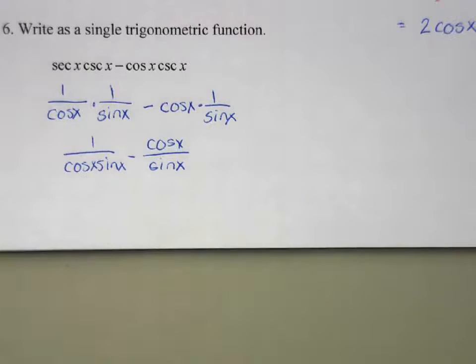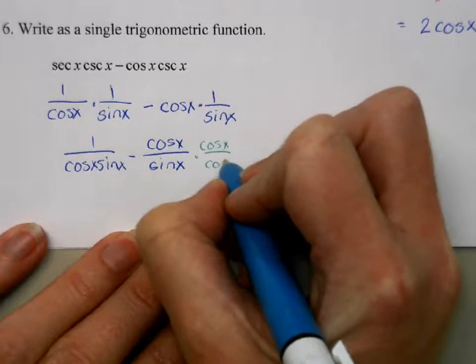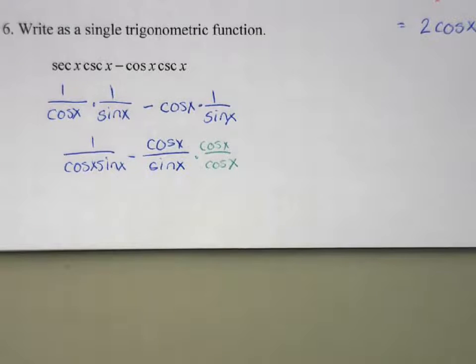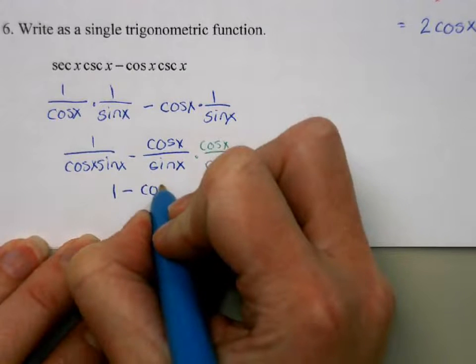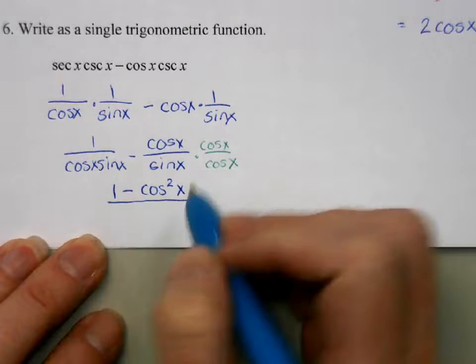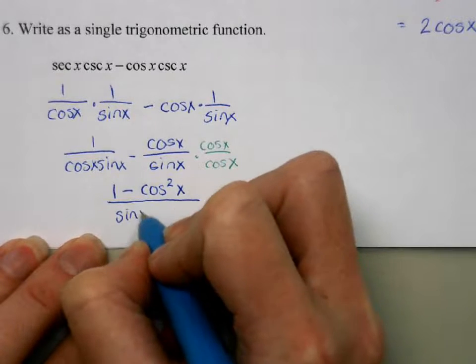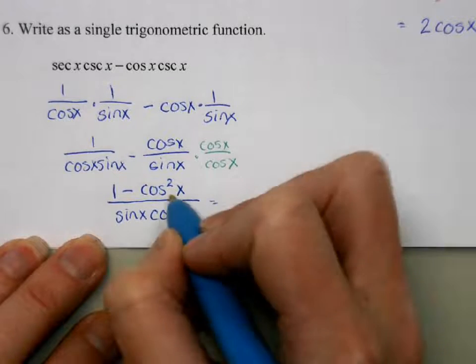To get a common denominator, I need to multiply this one times cosine over cosine. So in the numerator, I'm going to have 1 minus cosine squared x, when I multiply those, over sine of x cosine of x. Well, we know 1 minus cosine squared is sine squared.